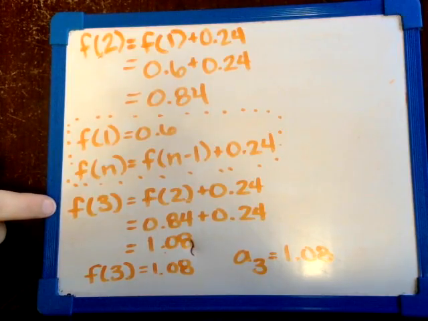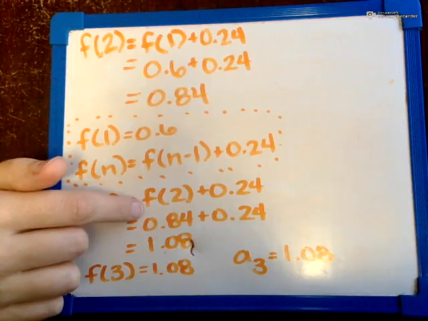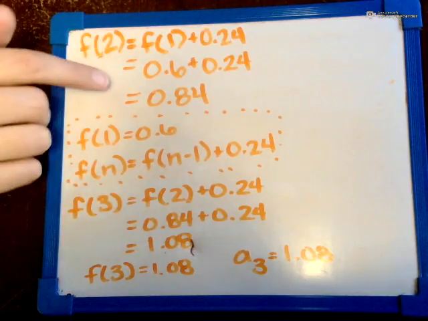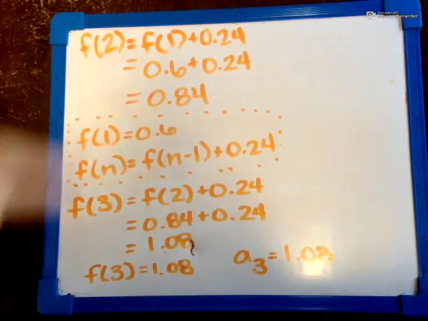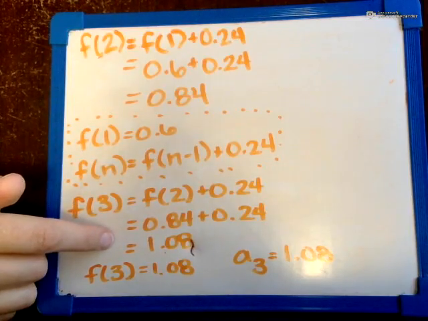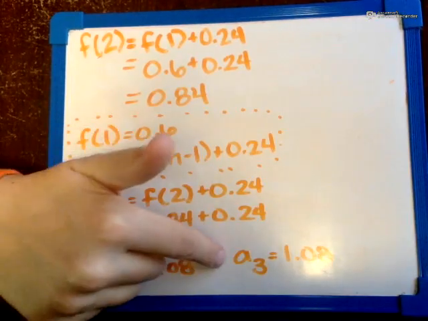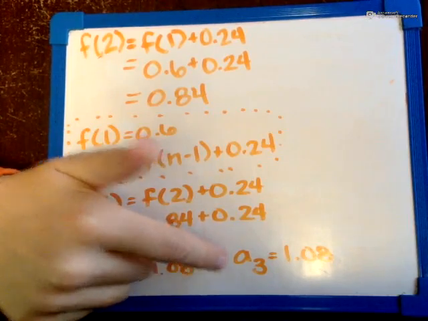So f of 3 is equal to f of 2, because it's n minus 1, so 3 minus 1 is 2. F of 2 plus 0.24, f of 2 is equal to 84 cents. So 84 cents plus 24 cents is $1.08. So f of 3, a 3 ounce letter, is $1.08. It can also be written as a sub 3 is $1.08.